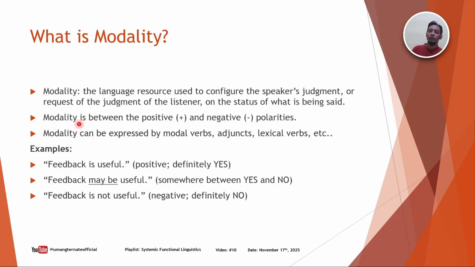When we talk about modality, we need to think about the finite, which is in the mood block when we talk about the mood system. So, in the mood system, we identify the polarity of the mood of the clause as a whole based on the existence of the negator or the absence of the negator.